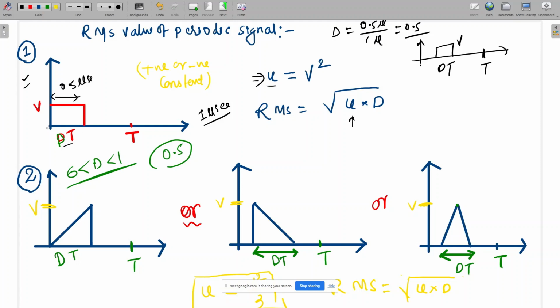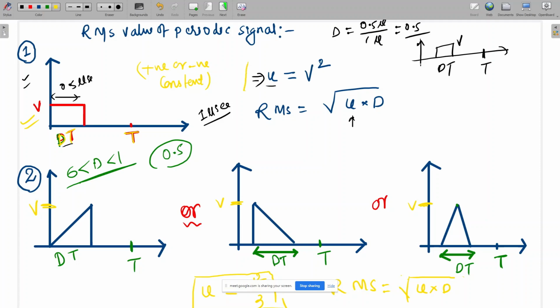Duty means the duration for which the pulse is available. Is it clear to all? Yes, sir.